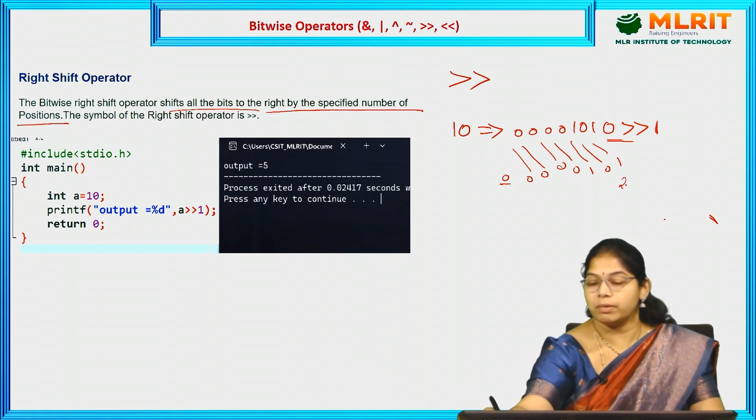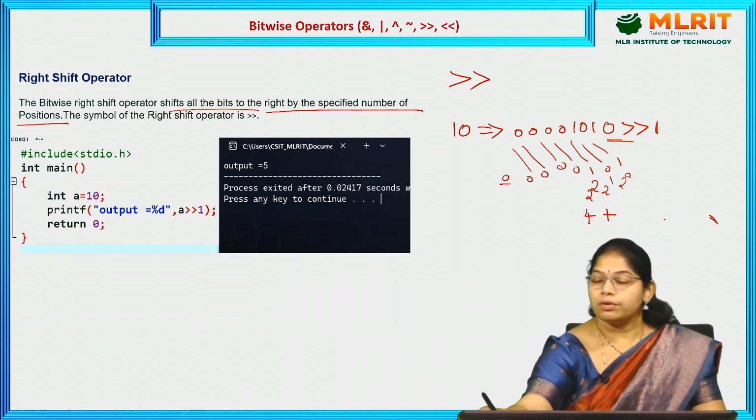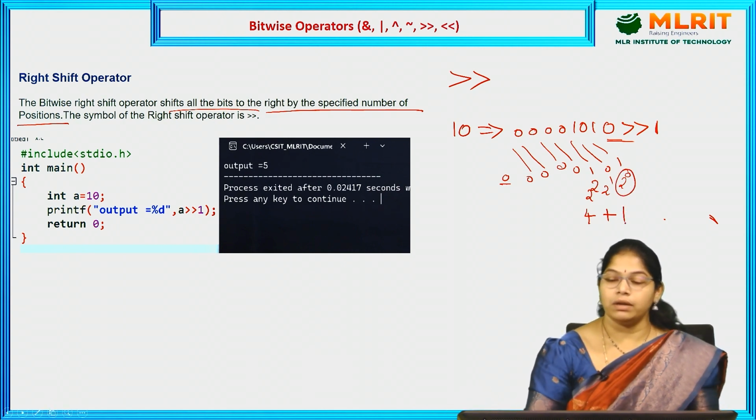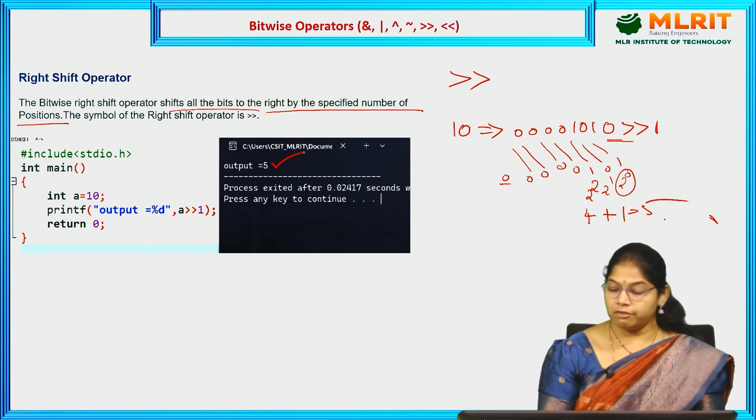So it is 2 to the power of 0, 2 to the power of 1, 2 to the power of 2, where 2 to the power of 2 is 4, and 2 to the power of 0, any value to the power of 0 is 1. So the value is 5. So here we got the output as 5.